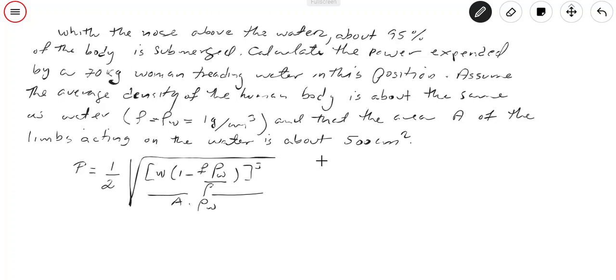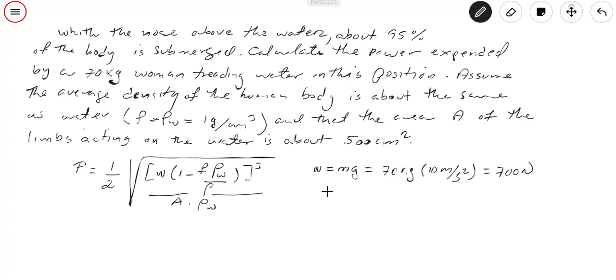What we know here is the mass of the person, 70 kilograms. With the mass, we can calculate the weight, that is mass times gravity. I'm going to use as gravity 10 meters per square second to make it easier. So it would be 70 kilograms times 10 meters per square second, which is 700 newtons.